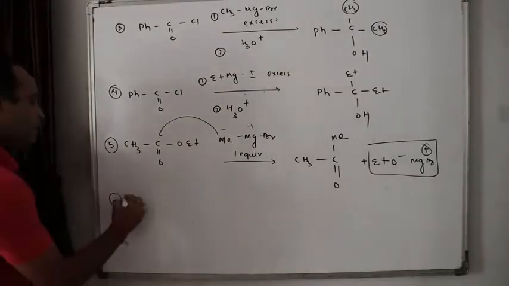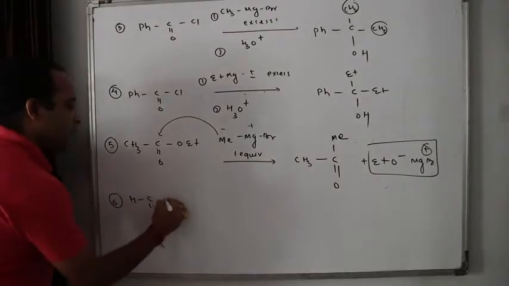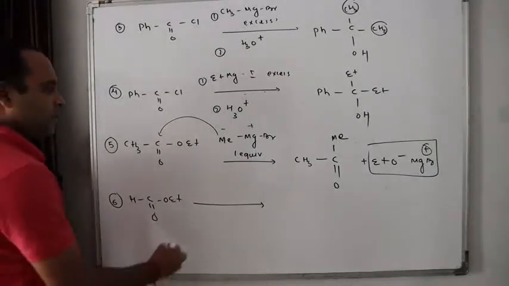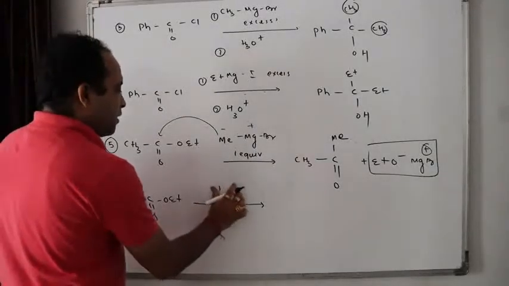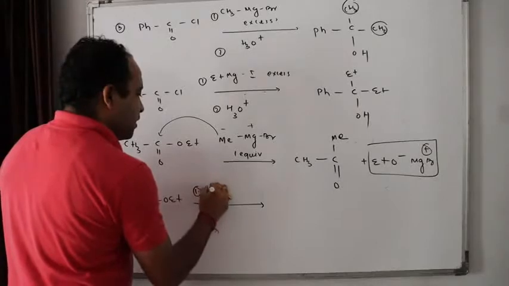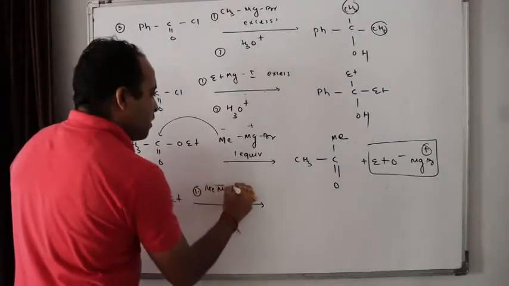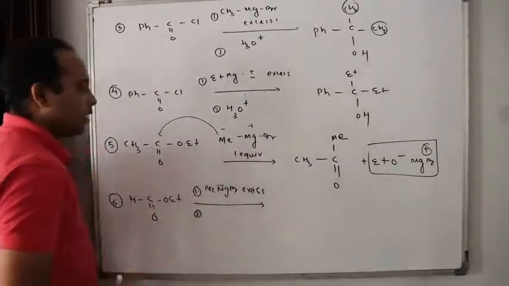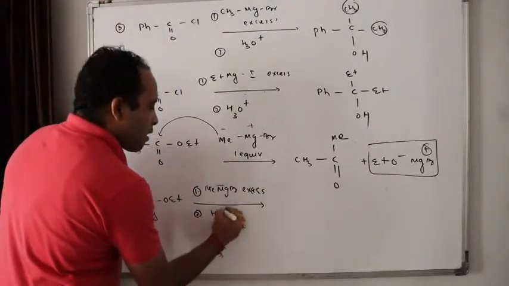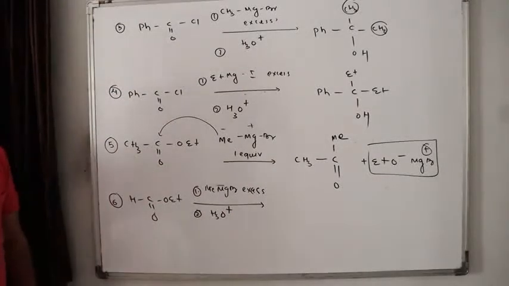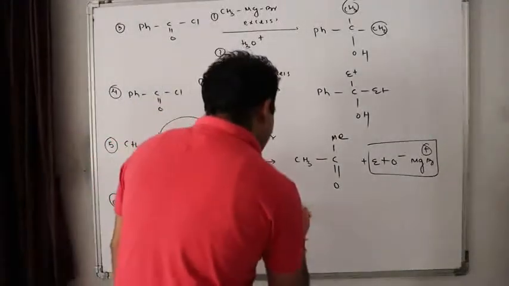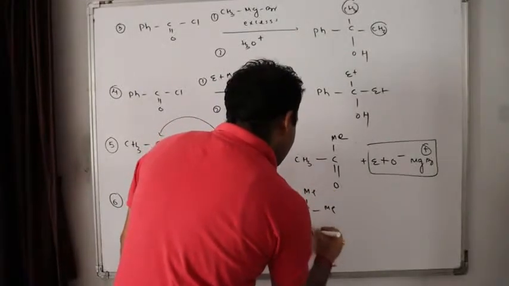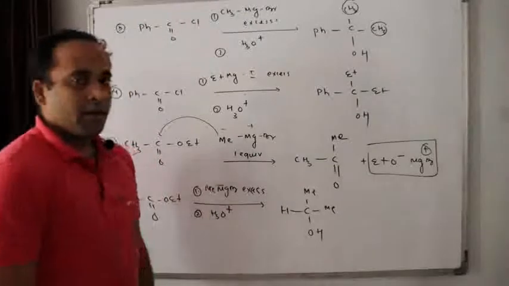Now tell me one more question. If I give here HC double bond O OEt, and make this react with MeMgBr in excess, followed by hydrolysis. So what will happen? In this case H is there and two alkyl groups will be attached, okay, isn't it?